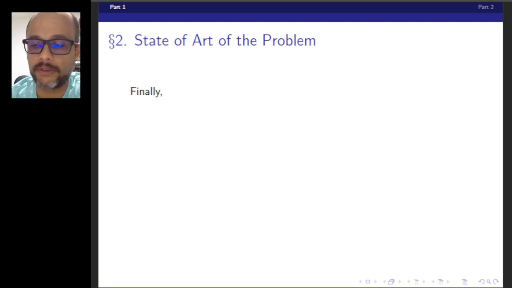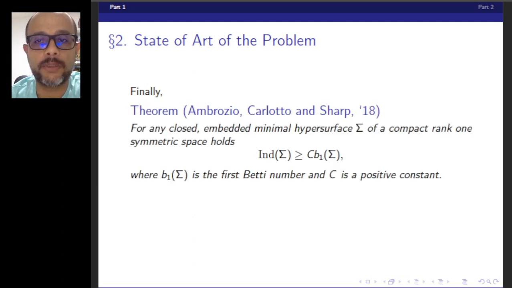Finally, we recall a result due to Ambrosio, Carlotto, and Sharp. It is a very young result, just 4 years. The theorem says that for any closed embedded minimal hypersurface sigma of a compact rank 1 symmetric space, the index of the minimal hypersurface is greater than a constant times the first Betti number of the hypersurface. It is a very nice result.